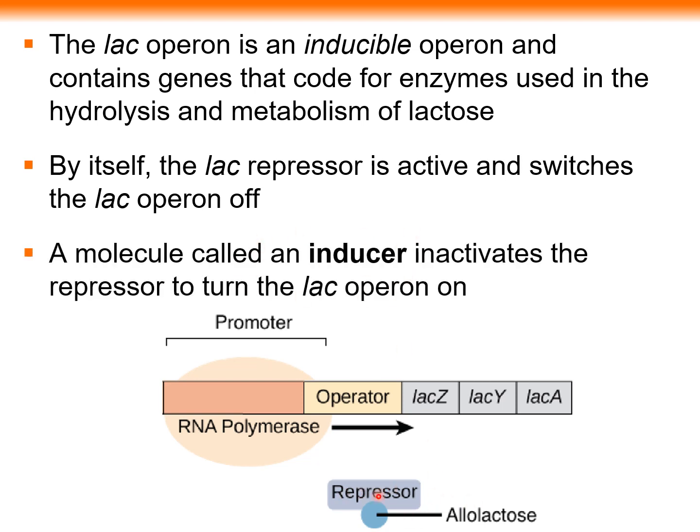This allolactose is known as an inducer. It inactivates the repressor. It's an inhibitor of the inhibitor, if you will. It's inducing the operon to turn on, which is why we call it an inducer. It's inhibiting the inhibiting repressor. De-inhibition, I like to use that phrase. But what it's doing is inducing expression of these genes.